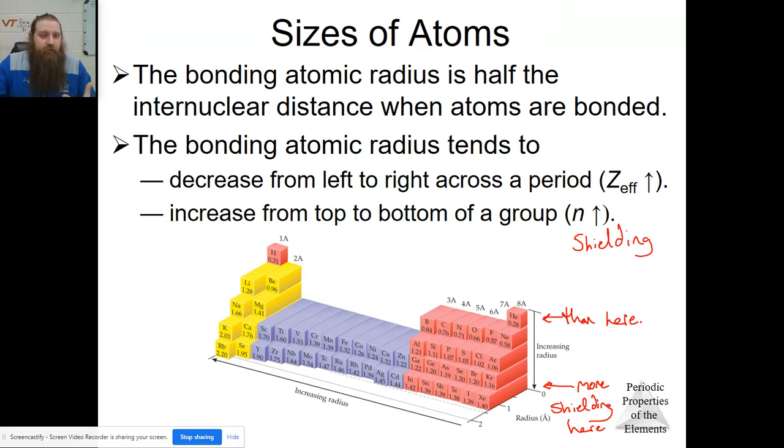So as n gets larger, that is the principal quantum number, 1, 2, 3, 4, 5, going down the groups, I have more subshells, right? More subshells of electrons.